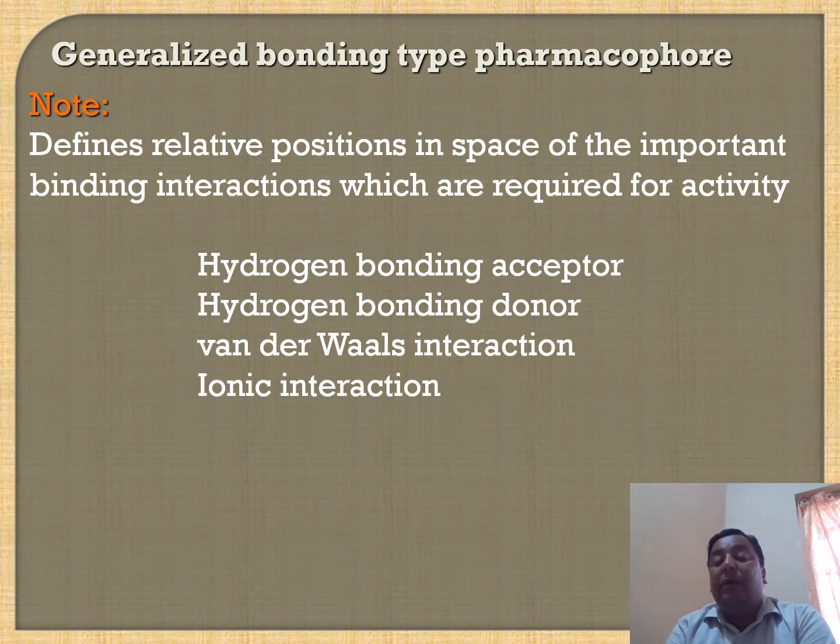Right? So van der Waals interaction is an invisible interaction, the interactions in terms of hydrophobic terms. Ionic interactions we can say are the interactions between two charged atoms, either positive and negative atoms, right?